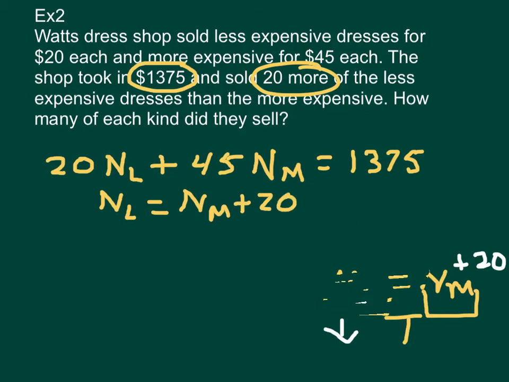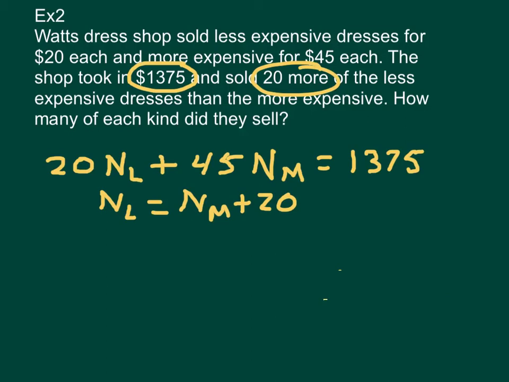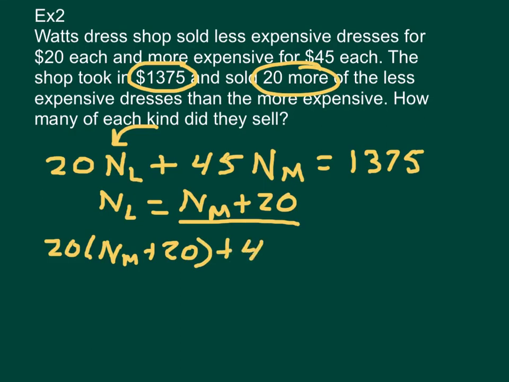Now I'm going to erase this over here. You can rewind this and refer back to it if you need to. But how do I solve for my variables? Well, it's really set up for substitution, isn't it? I know what N_L is, it's right here, so I'm going to substitute that in. I have 20 times N_M plus 20, plus the 45 N_M, equals 1,375.